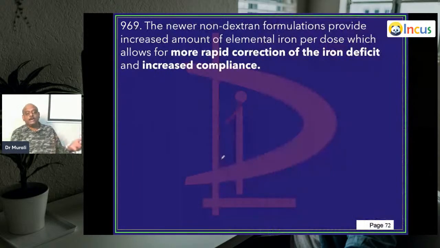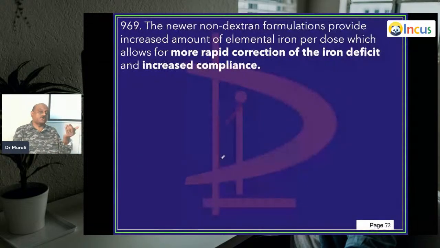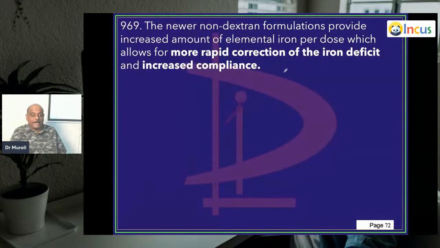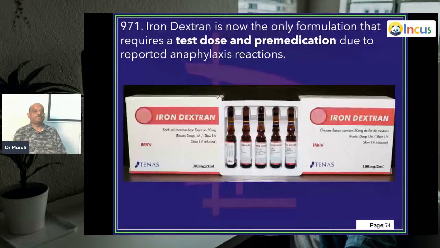There are newer non-dextran formulations. Dextran is slower to get absorbed. Non-dextran, more elemental iron per dose is delivered. If you want a rapid correction of the iron deficiency and you want to improve compliance, that is what you need to remember. Another thing is dextran iron has more adverse effects compared to non-dextran formulations.